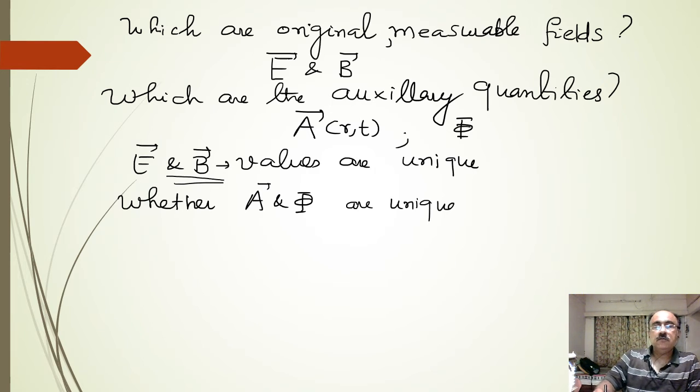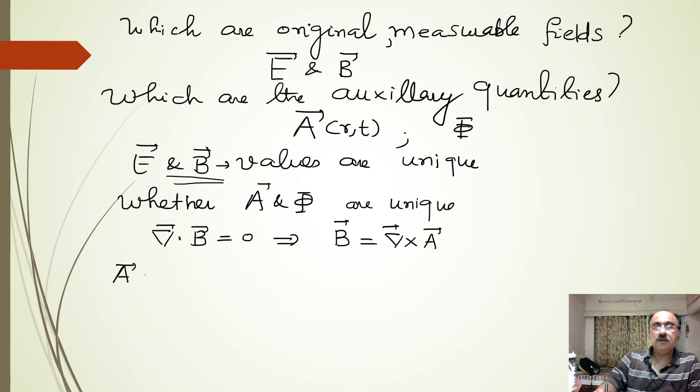As we have seen, divergence of B equal to 0 is exhausted when we say that B can be expressed as curl of A. So B has a unique value. But whether A is unique, or we can change A to some other vector potential without changing B? One of you will answer that yes, we can add a constant to A. But apart from a constant, can you change A to some other potential A dash?